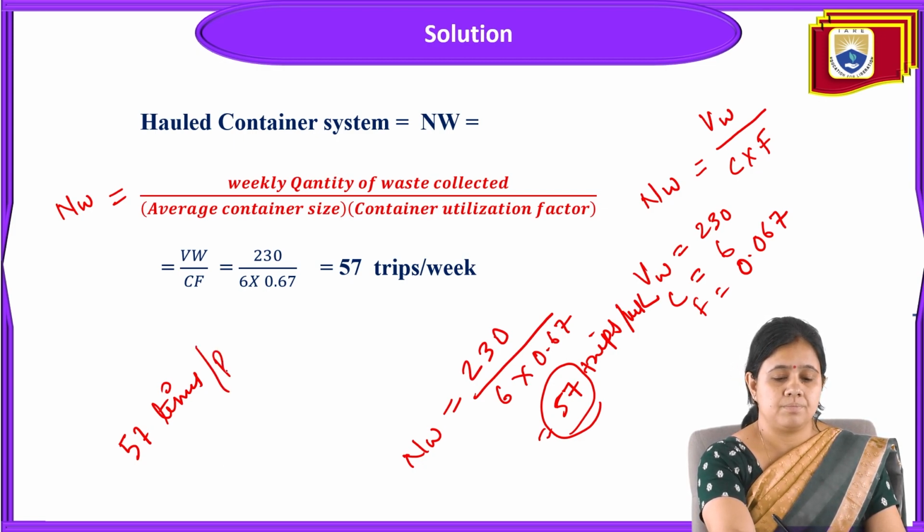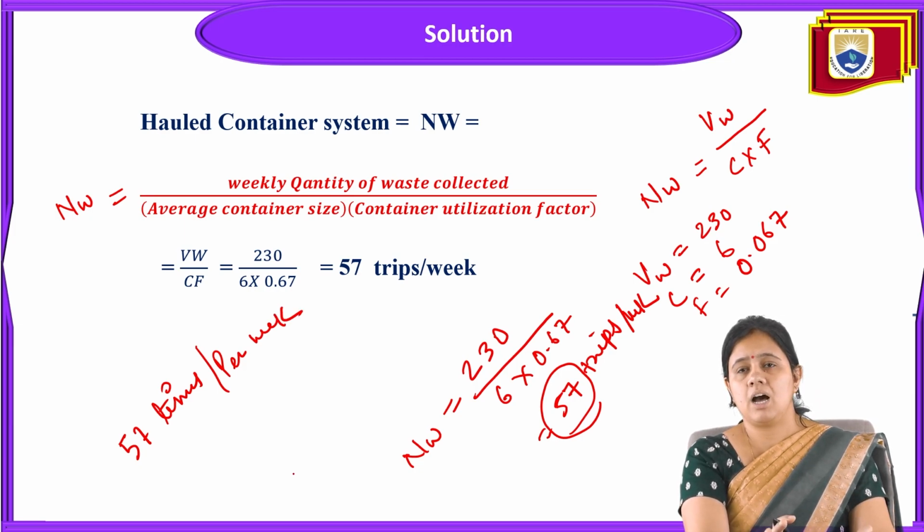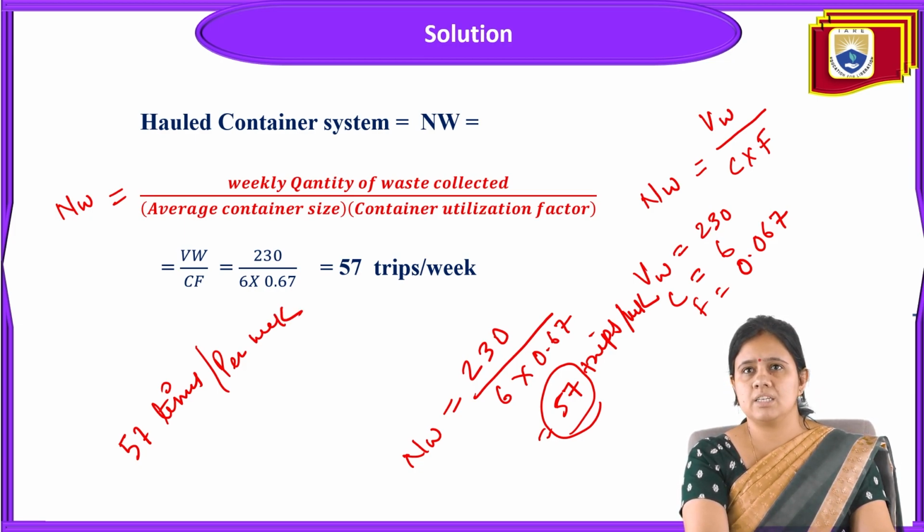So first of all, we have calculated how many trips this haul container system requires for this much waste. 230 cubic meters of waste is collected in a week, the container size is 6 cubic meters, and the utilization factor is 0.67.